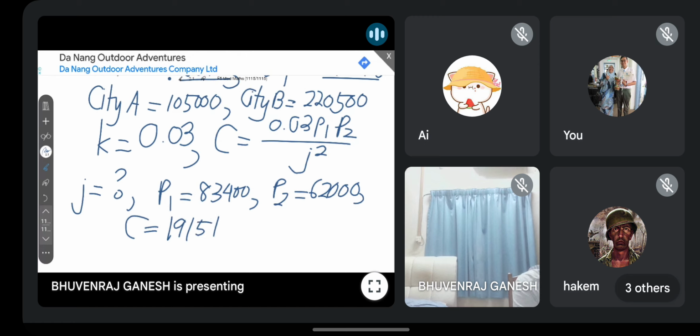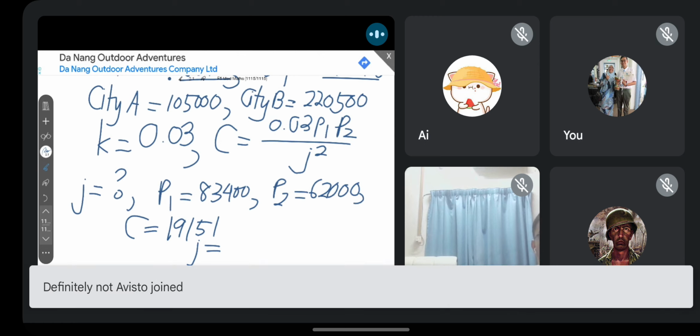So can anyone tell me, based on this, what do you get for your J? Can you all count and see? Give your answer in whole number, guys. Don't give the decimals.